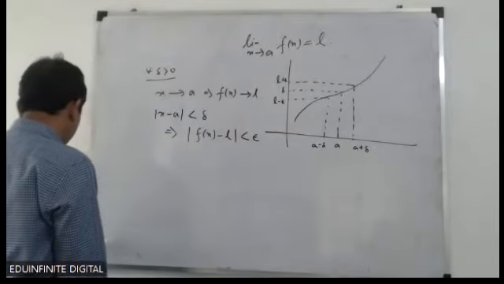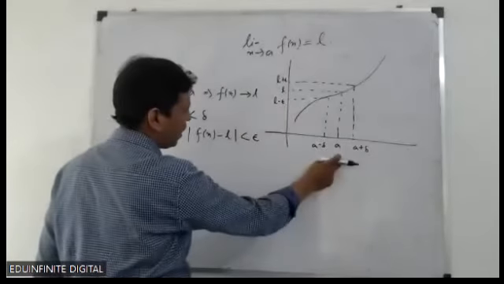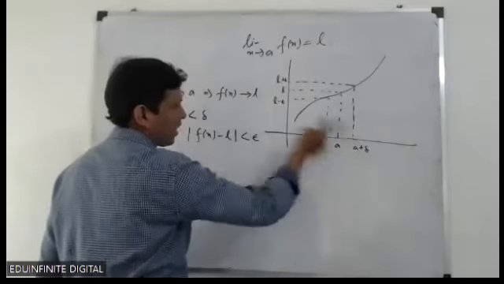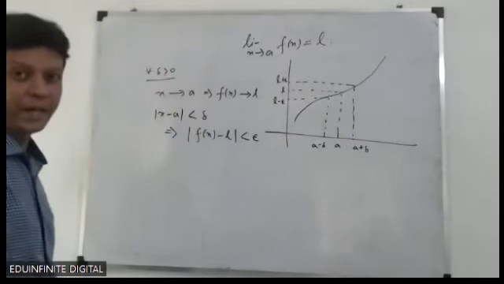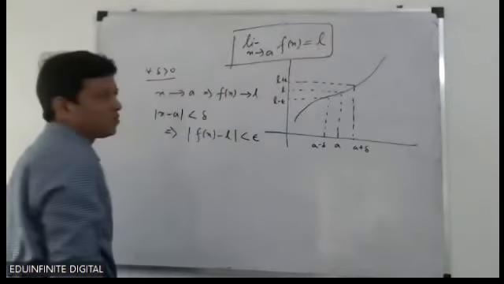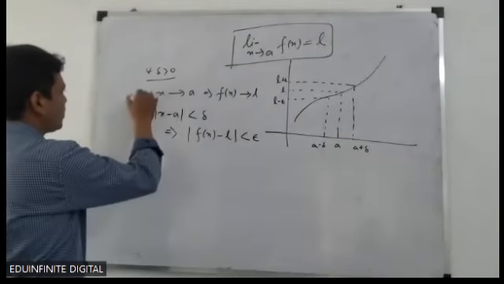For each epsilon greater than 0, there exists a delta. This is actually the formal limiting definition, a very complicated definition. But we used to be familiar with this notation also: as x tends to a.